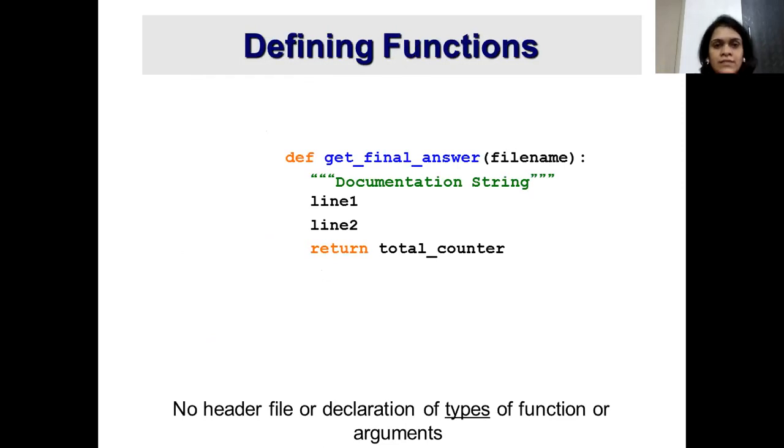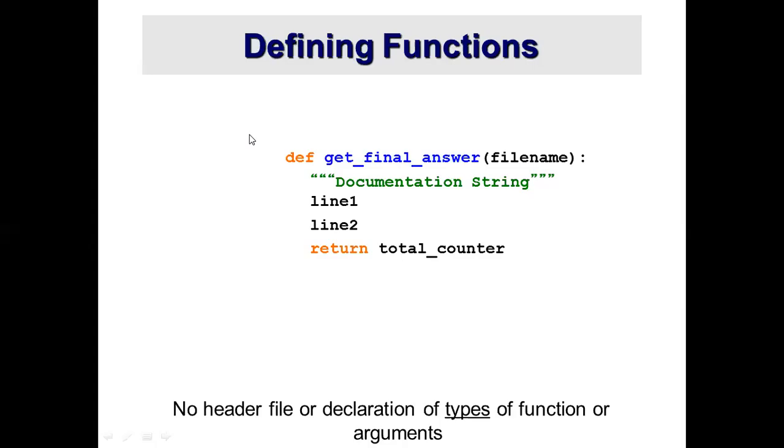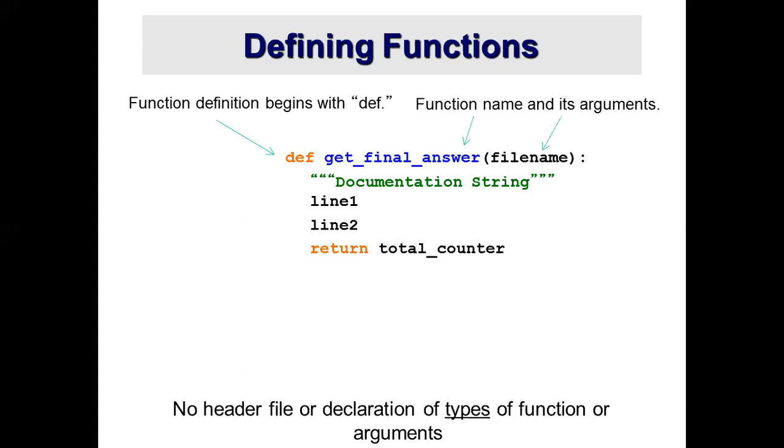After this, we are very well able to define functions in Python. So let us summarize all the things. With Python functions, to define a function, we have to use a keyword called def. After def, you can have a function name followed by its arguments.